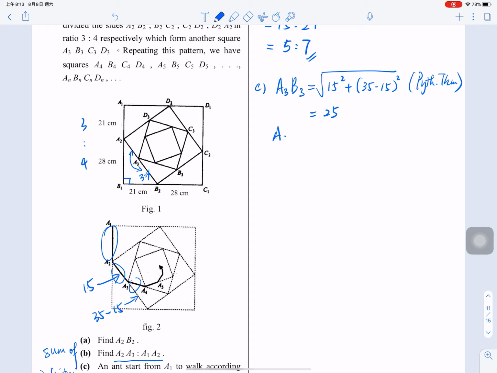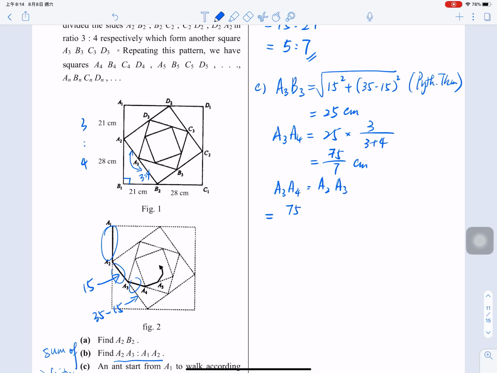How about A3, A4? Yeah, you can use the ratio 3 to 4 and then calculate like this. And you found that it is 75/7 cm. Okay, write down the units. So check A3, A4 to A2, A3. What's this?